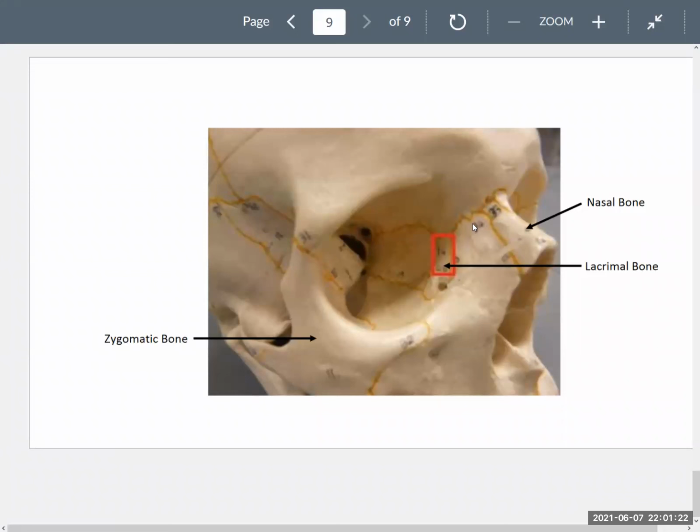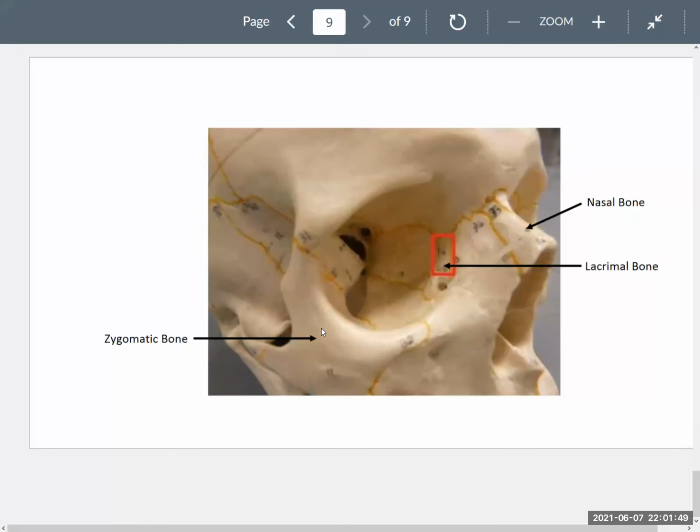And then you have one small bone in here with this hole in the bottom. This is the lacrimal bone, lacrimal meaning tears. This hole drains into the nasal cavity so that if you've got an excess of fluid or tears, it can be discharged that way.